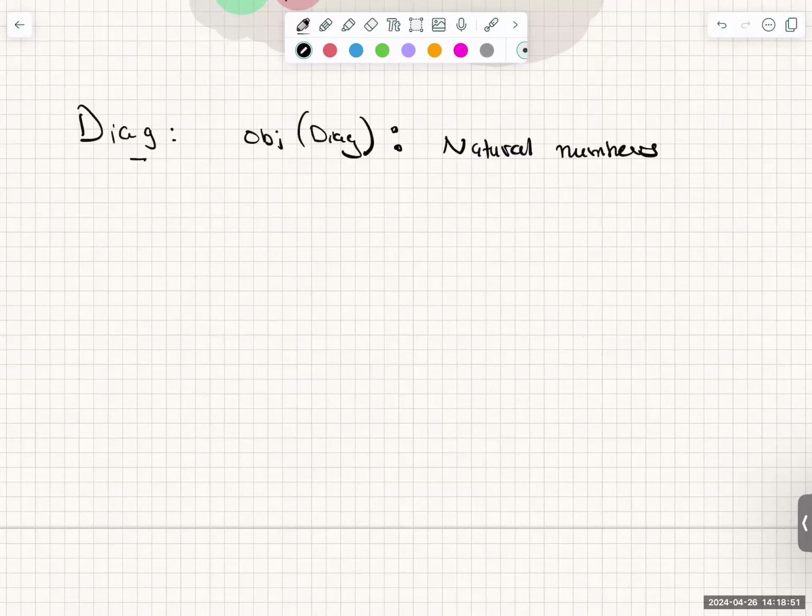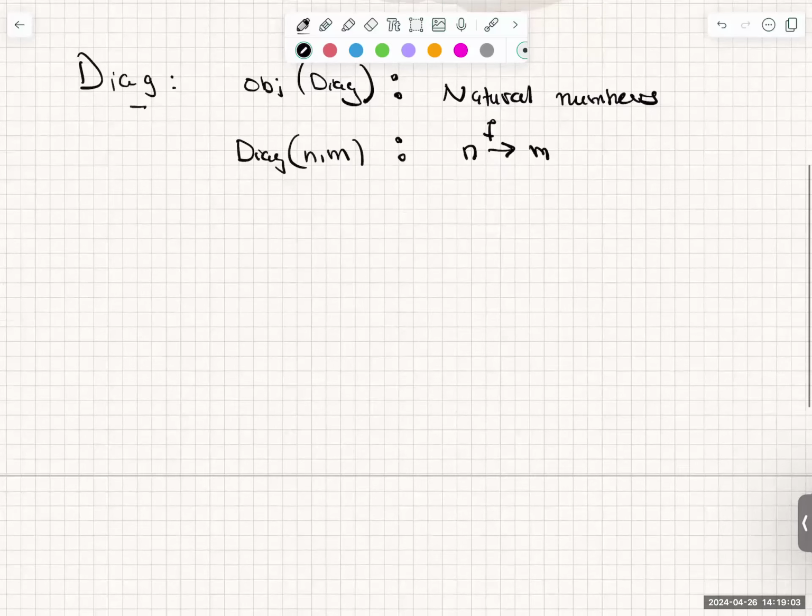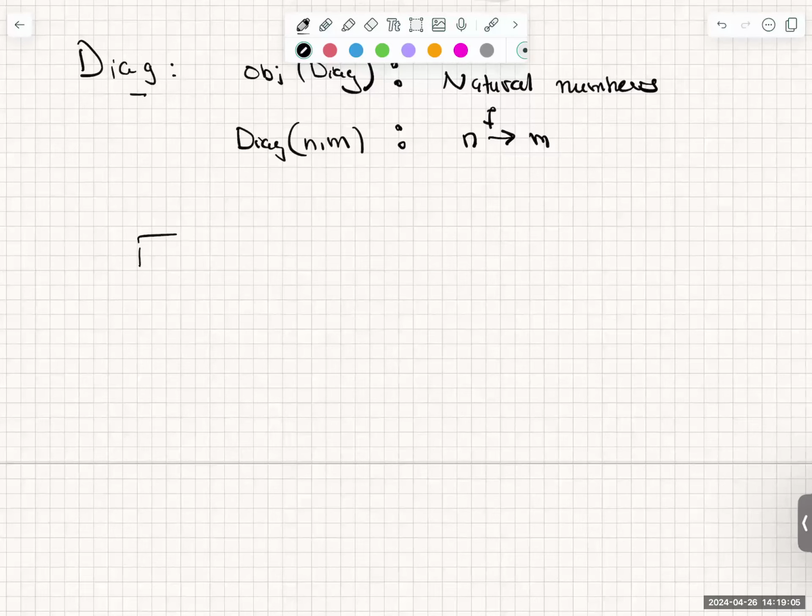And we have that the morphisms between these things are going to look something like this. These are maps of this form, but it's going to just be easier to draw them.